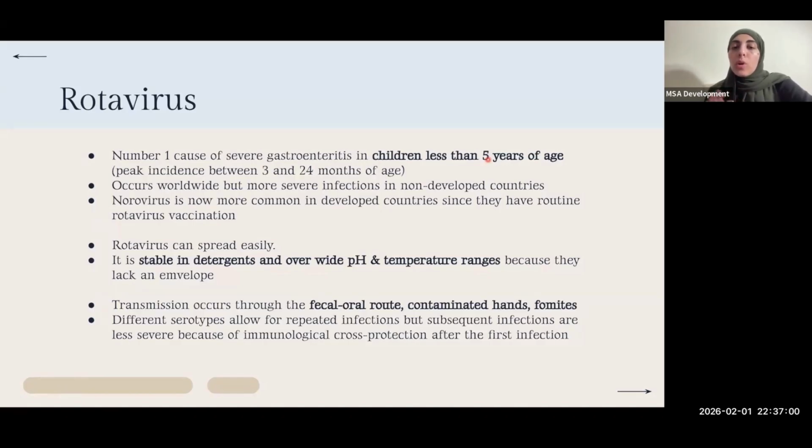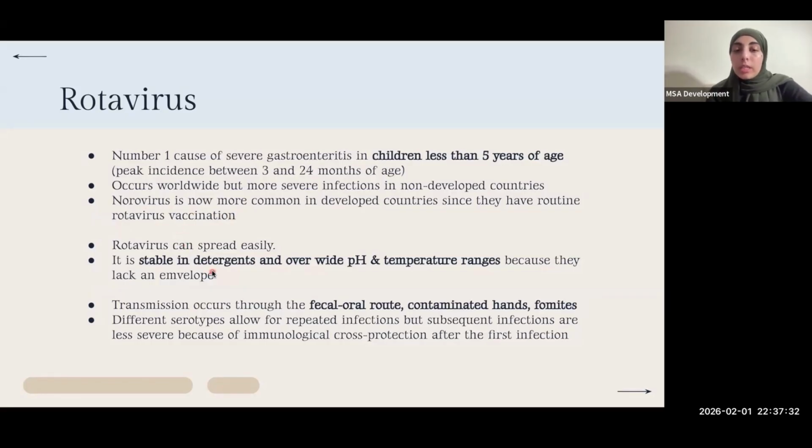Okay, so the infection still does happen, but it's not as severe as it would be in the non-developed countries without a vaccine or without routine vaccination. So in the developed countries with the vaccination, norovirus is actually now more common. This is another virus that we will talk about later. So when you think of a developing country, think of rotavirus. When you think of developed countries, think of norovirus. Why? Because we have a rotavirus vaccine.